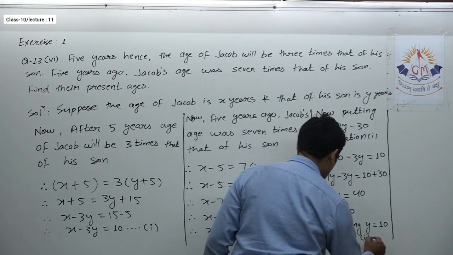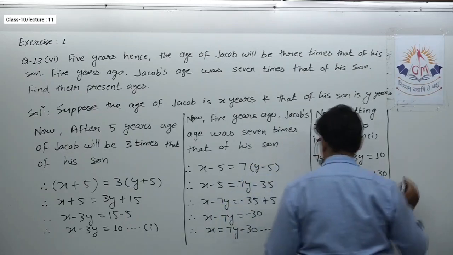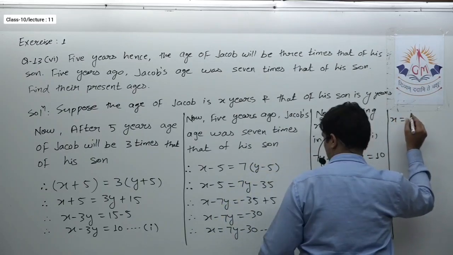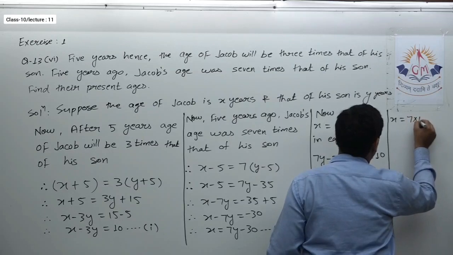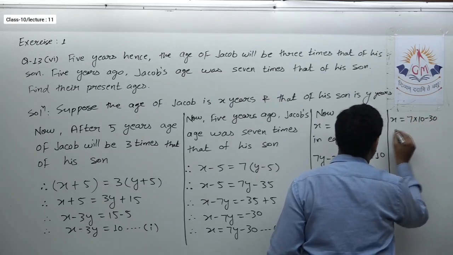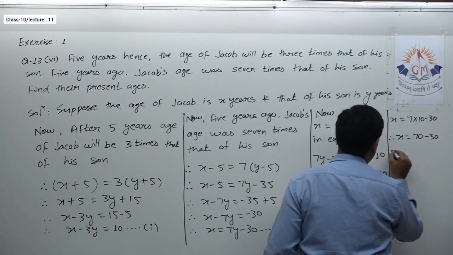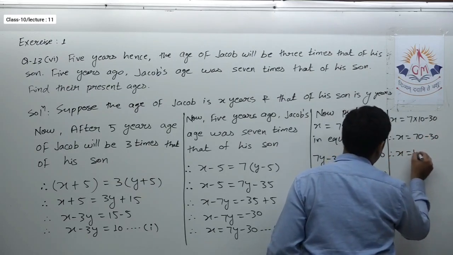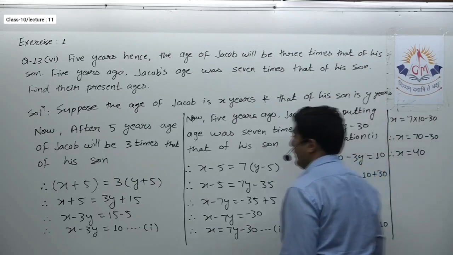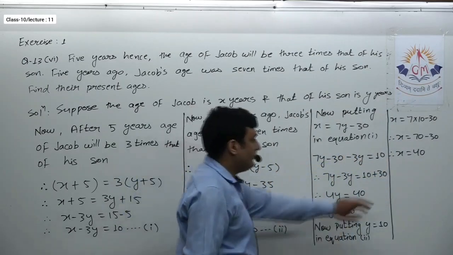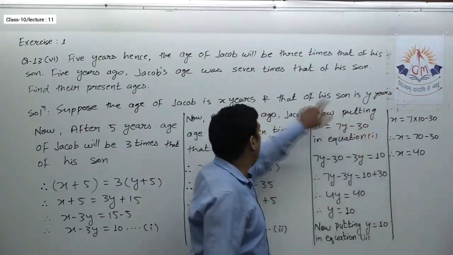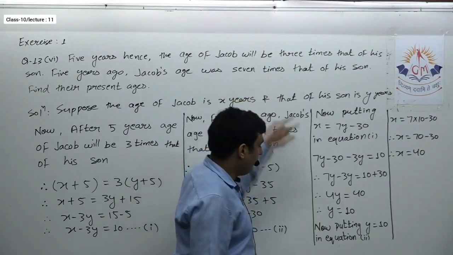So x is equal to 7 multiplied by 10 minus 30. Therefore x is equal to 70 minus 30. Therefore x is equal to 40. So hence we can say the age of Jacob is 40 years and the age of his son is 10 years.